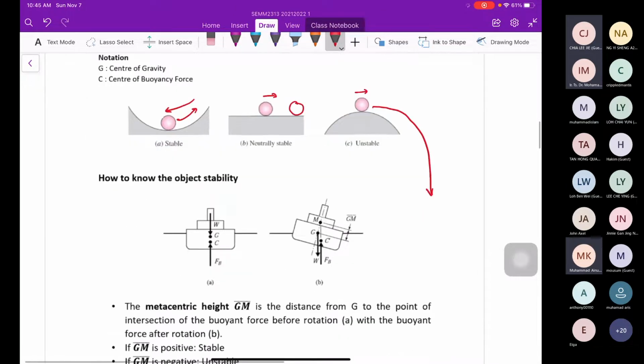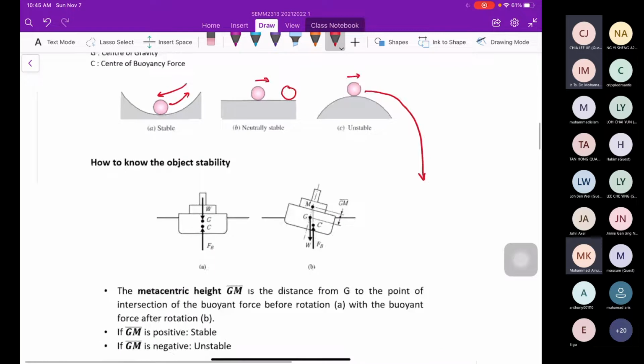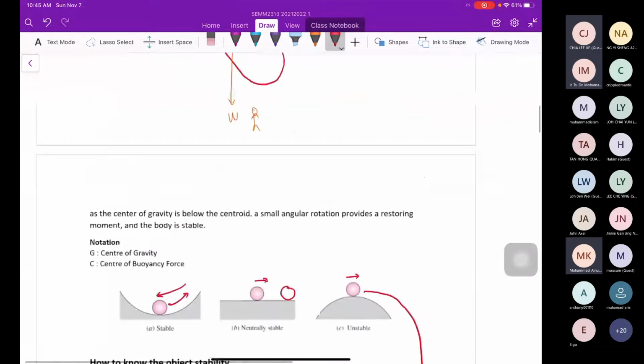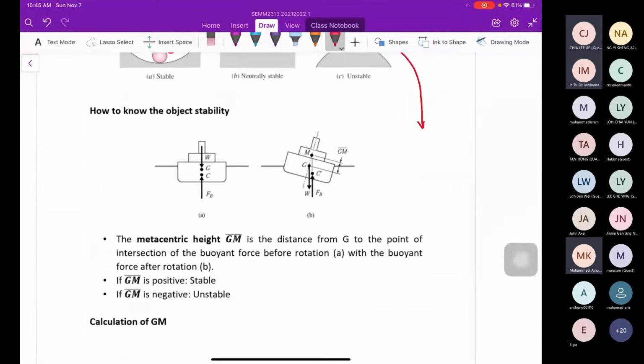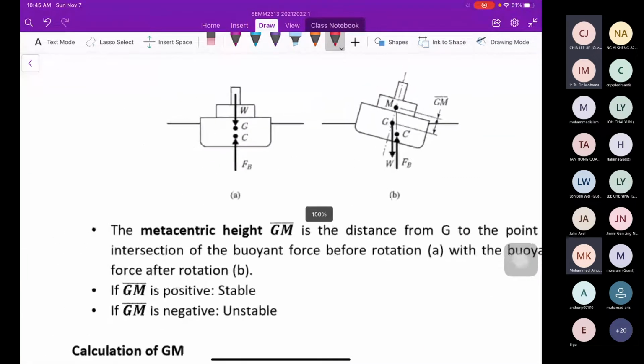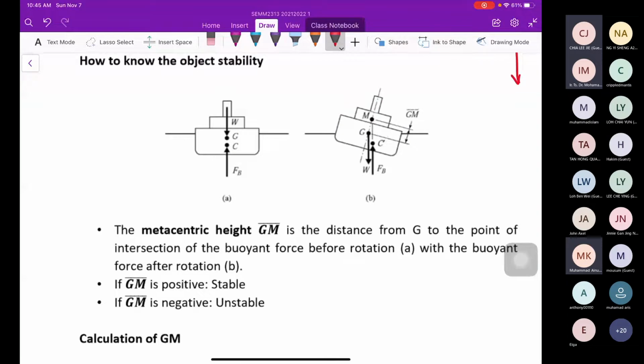Alright. After we know the object is stable or unstable because of the C and G, for example, we have the boat. We need to know the keyword here.